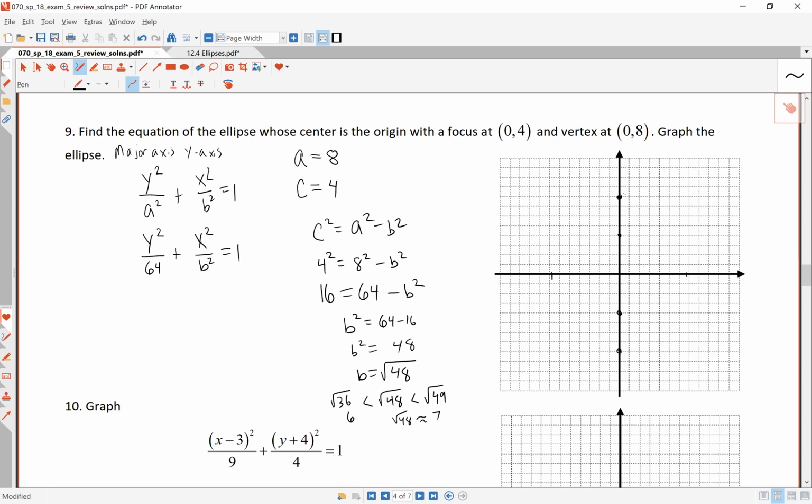And then we'll graph the ellipse. Nearly a circle. But to finish this off, we see that b squared is 48. And so we write y squared over 64 plus x squared over 48.